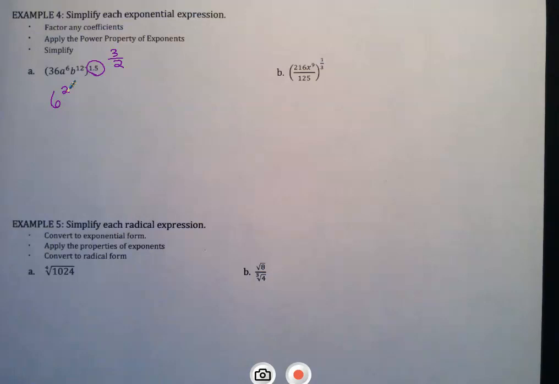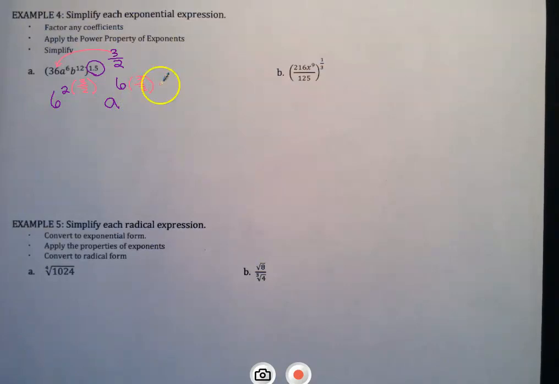6 squared. Because then we're going to distribute, because then this is going to be times 3/2, right? Because this goes to each part. Yeah, but can we not divide all exponents by 2? Hold on, we're going to get there. I'm going to show it. So then we have a to the 6th times 3/2.